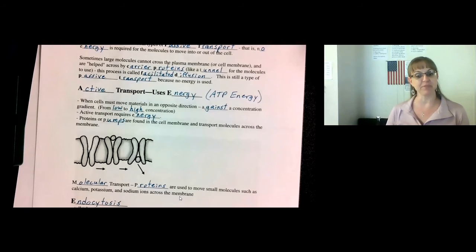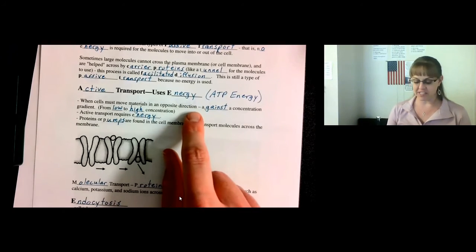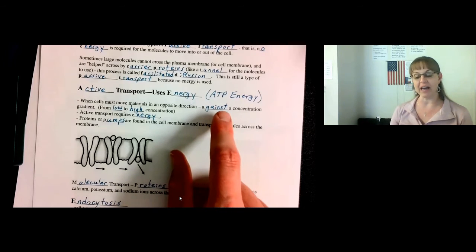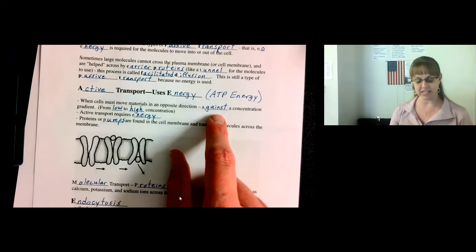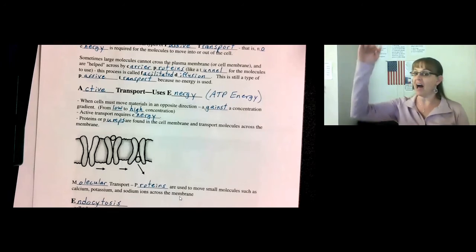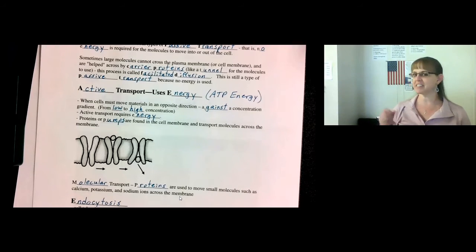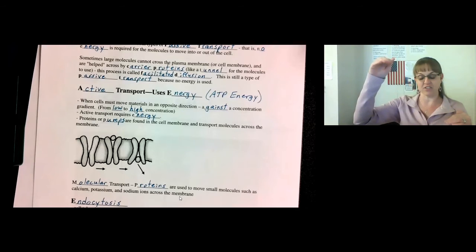Next, there are several types of active transport. Active means it has to actively push or pull things in or out of the cell, and that requires energy. The reason is because those substances are going against a concentration gradient. Instead of going from high to low concentration, this is like going up the slide, you have to go from low to high concentration.